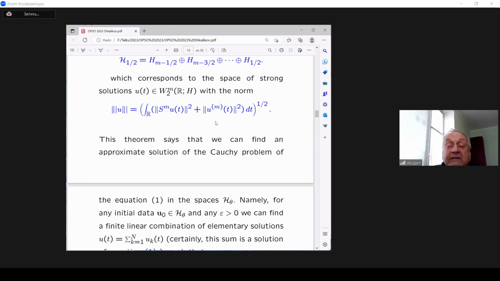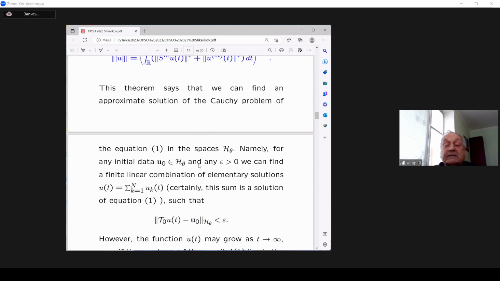This theorem says that we can find an approximate solution of the Cauchy problem of equation 1 in the spaces H_zeta. Namely, for any initial data u_0 belonging to H_zeta, and for any epsilon greater than 0, we can find a finite linear combination of elementary solutions.